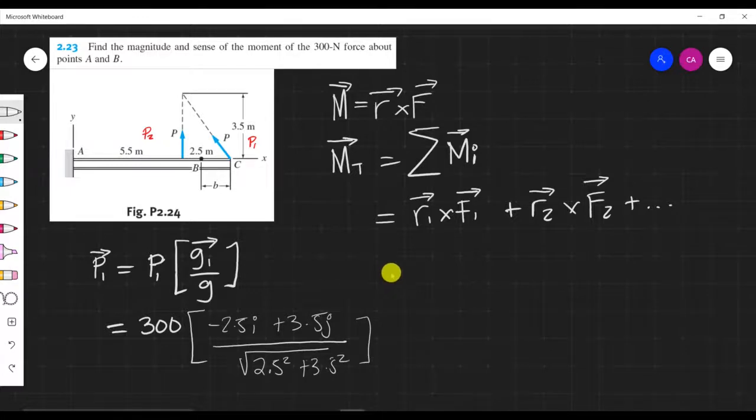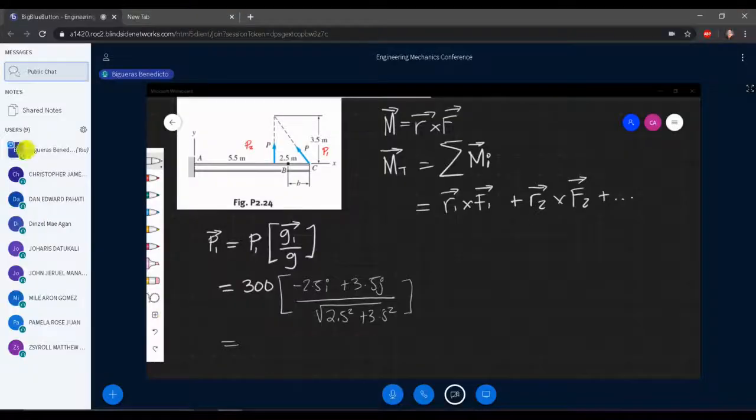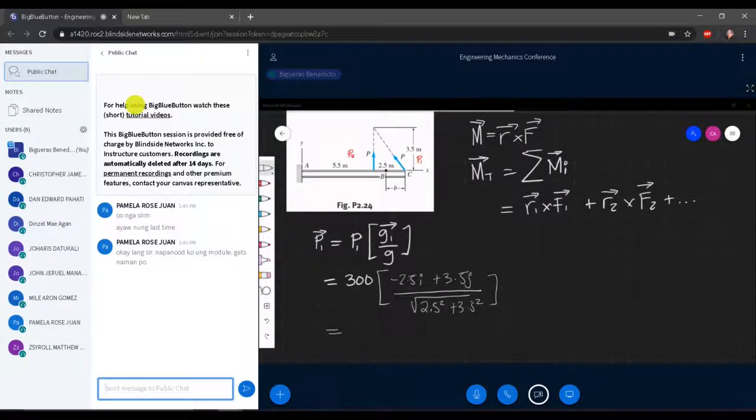Okay? Pa-compute naman ng denominator. 2.5 square plus 3.5 square. Pa-compute ng denominator. Okay? Yung naka-radical.